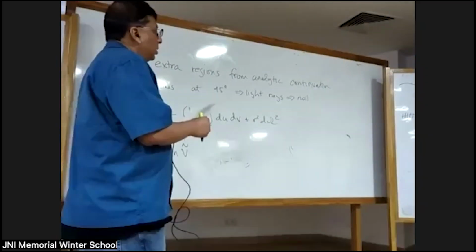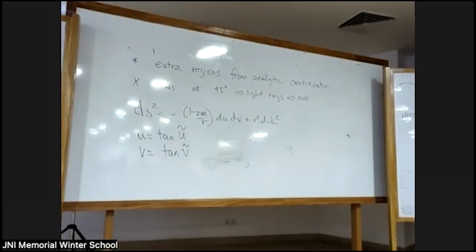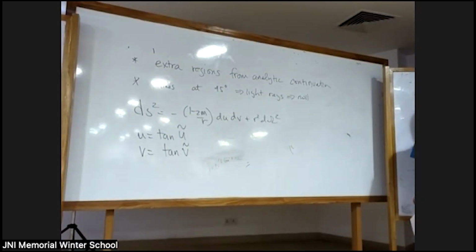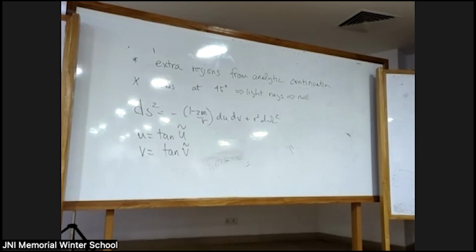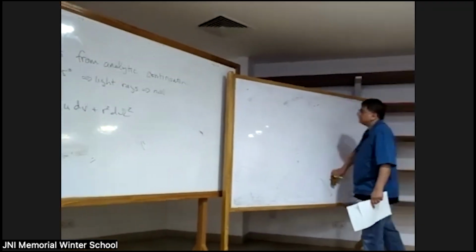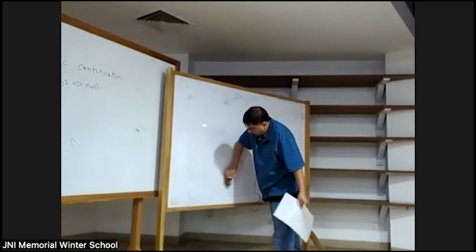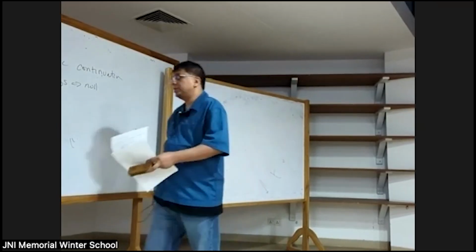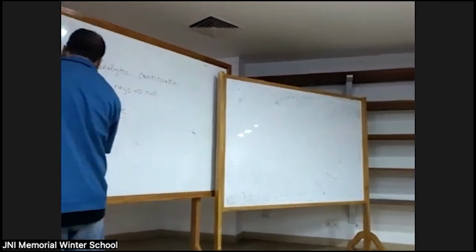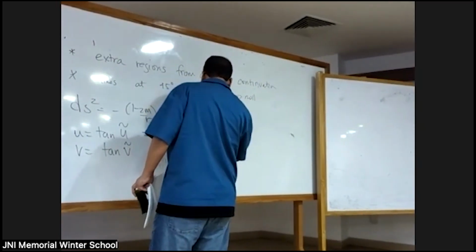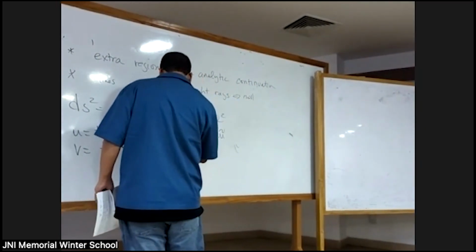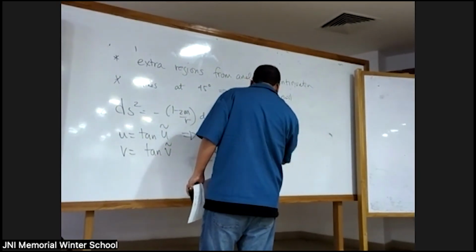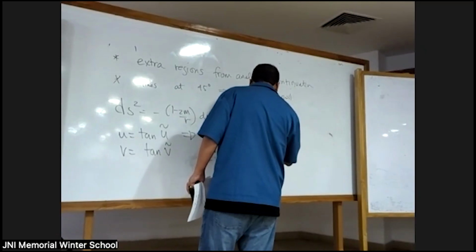Now, I'll see if I can write down as much of the algebra as I can. So here, for example, du is equal to secant squared u tilde du tilde, and dv is equal to secant squared v tilde dv tilde.